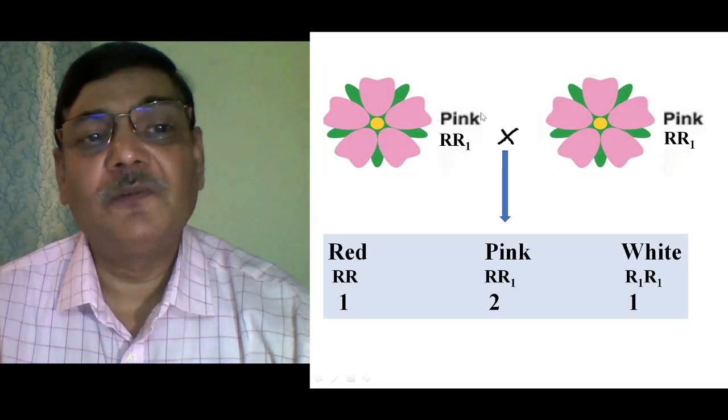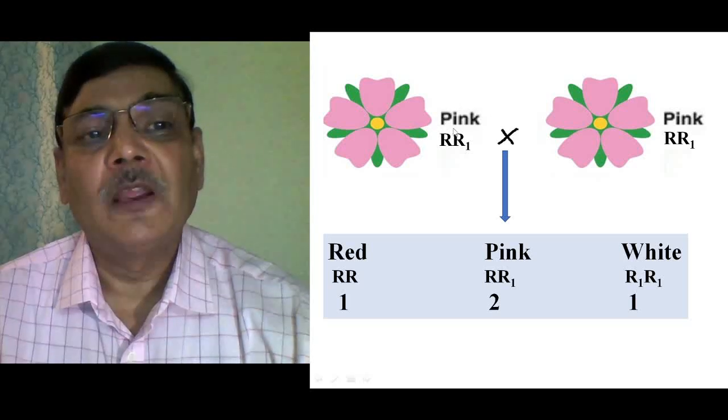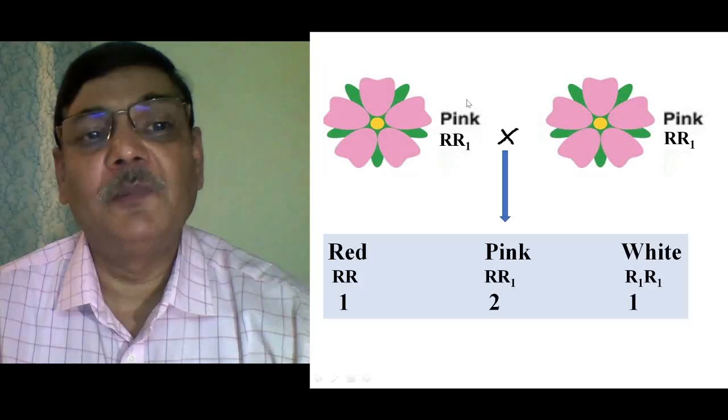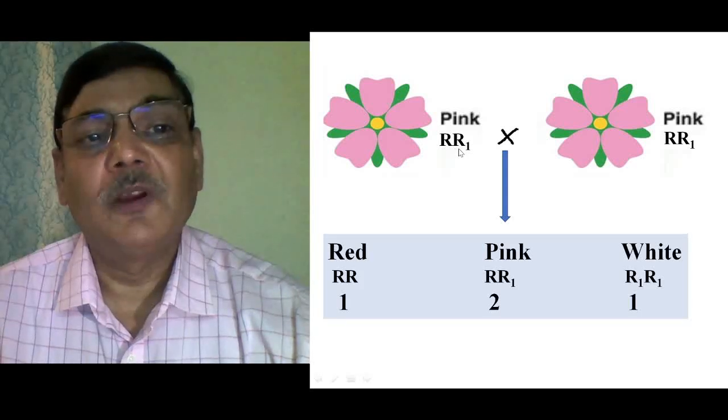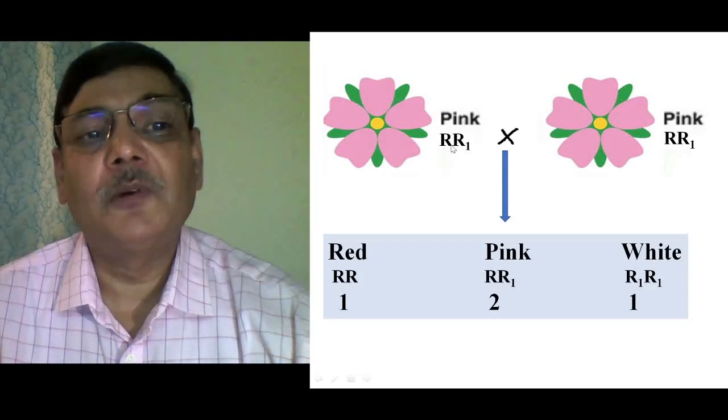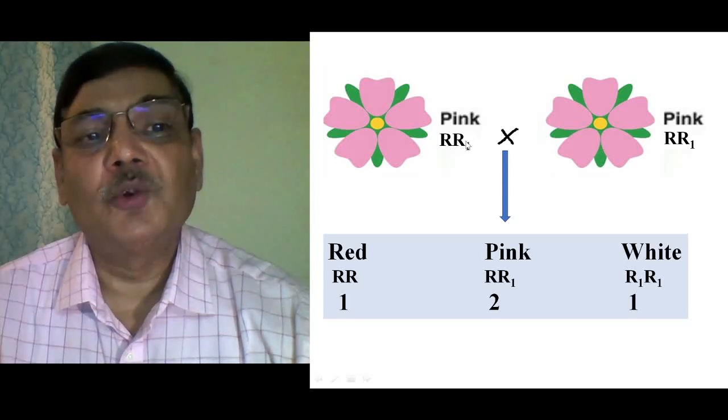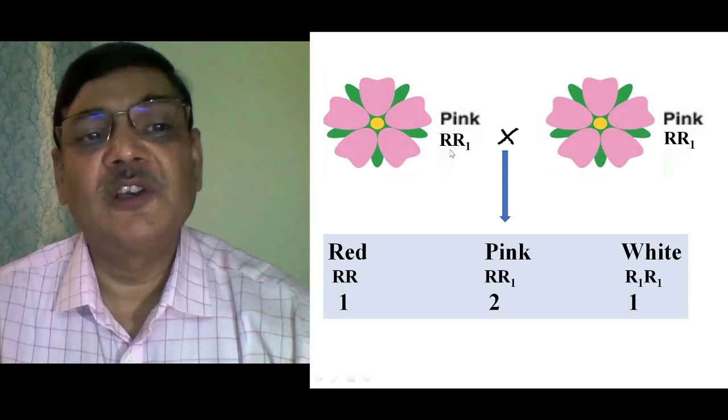If a self cross is being made among the pink flower bearing plants, then what will happen? Gametogenesis will occur in such plants. Two types of gametes will be formed. Such gametes will be R and R1. Okay, so in both cases, 50% gametes will have R allele and remaining 50% will have R1.